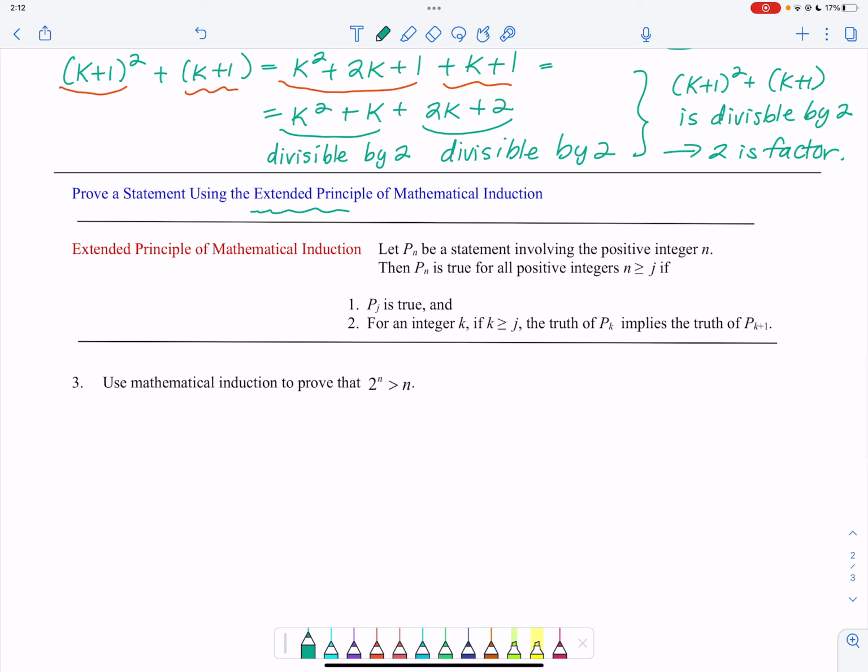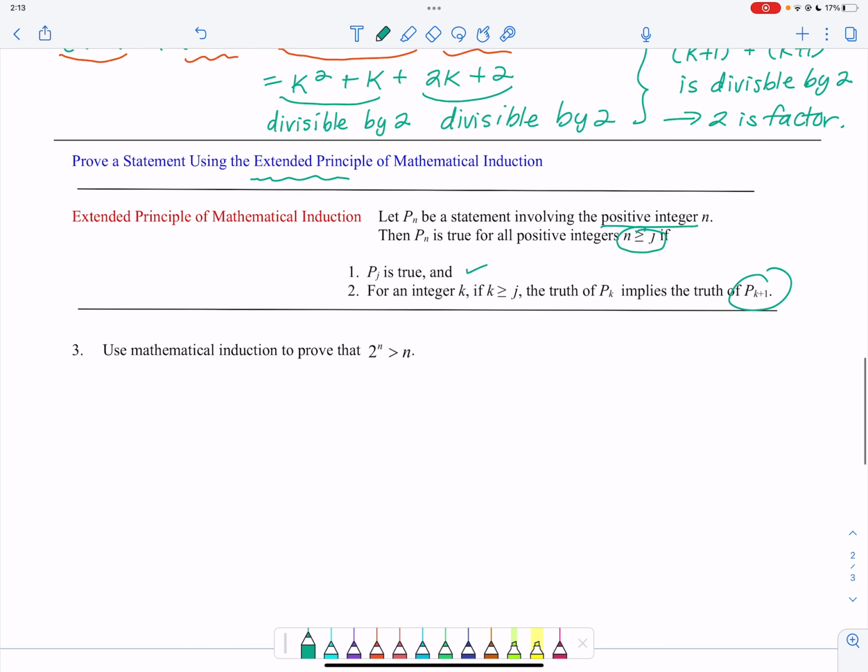And so we're going to let P sub n be a statement involving the positive integer n. And then P sub n is true for all positive integers n greater than or equal to j if P sub j is true, and for some integer k that's greater than or equal to j, the truth of P sub k implies the truth of P sub k plus 1.